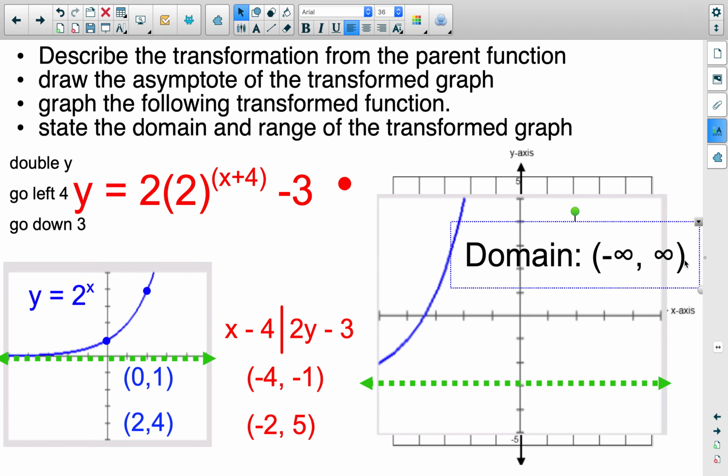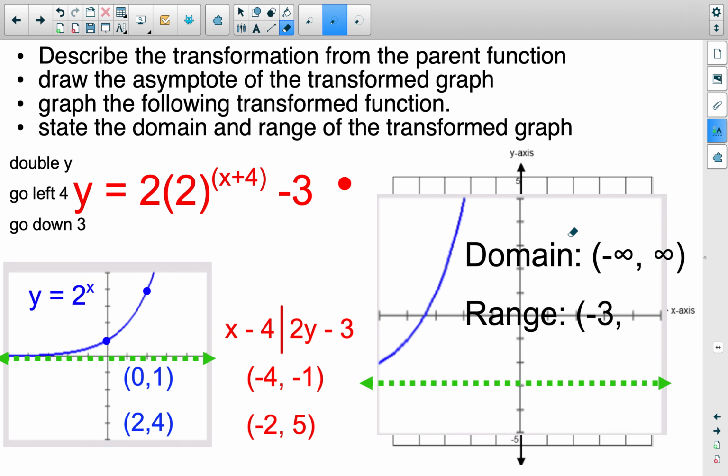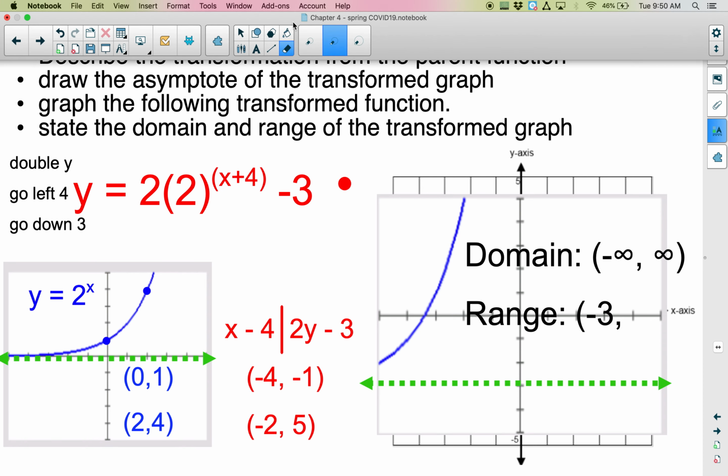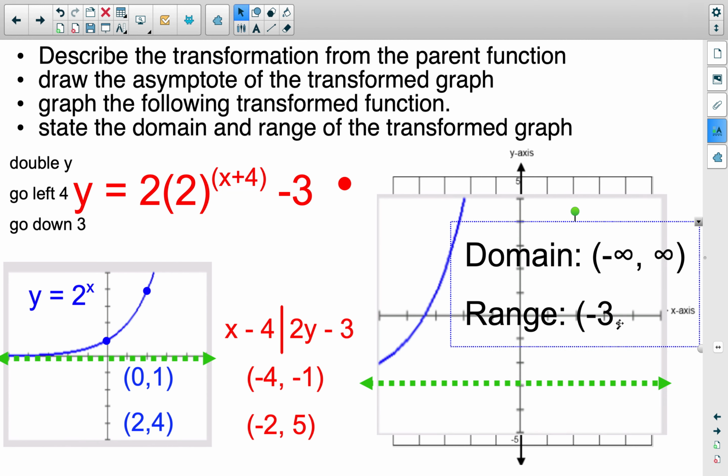And then the range, I'll give you a second to think about this one. What can y be? Notice my graph never goes past this asymptote. So it starts at -3, not including it, and then it goes up forever and ever. So my range is going to be -3 with a parenthesis through infinity. If you prefer, you can write that as an inequality as well.